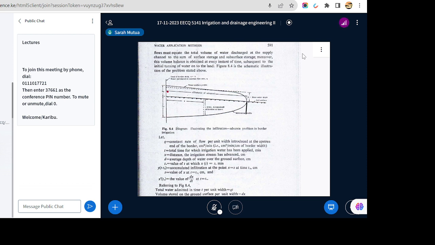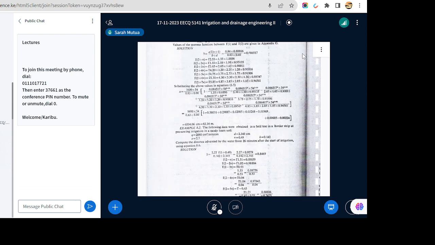At the end of the day, we are always going to have a profile that is like this, but this is the assumption that the infiltrated water is constant throughout the length of the border strip.